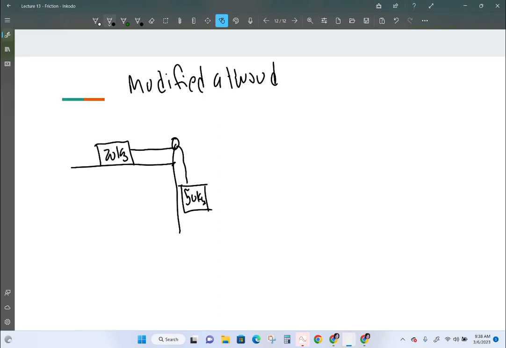And we want to talk about how this is going to change our system. So how would it change the system? Well, when we talk about mass 1, it's going to have tension acting on it, and it's going to have friction acting on it. It's going to have its weight, and it's going to have its normal force.